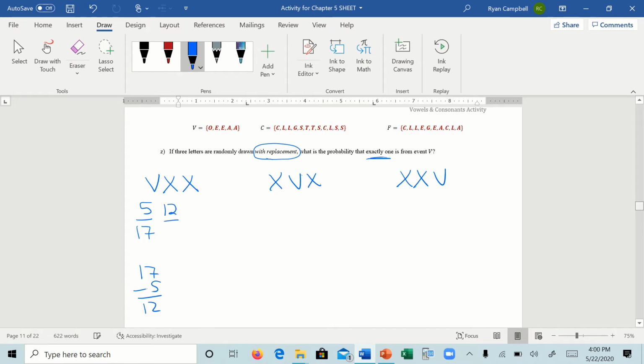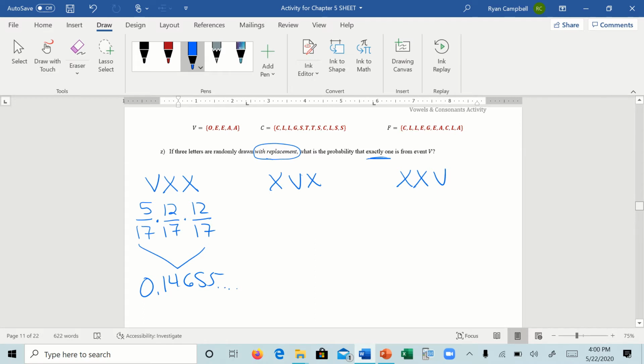So we just have 12 over 17, and it's with replacement. So 12 over 17 again. And we multiply these together, we get about 0.1465-ish.